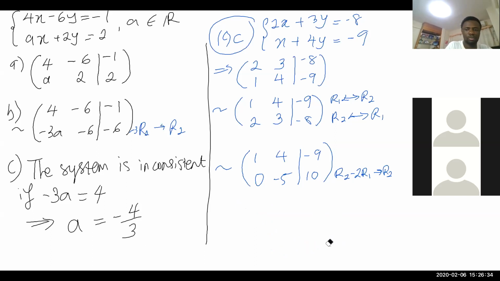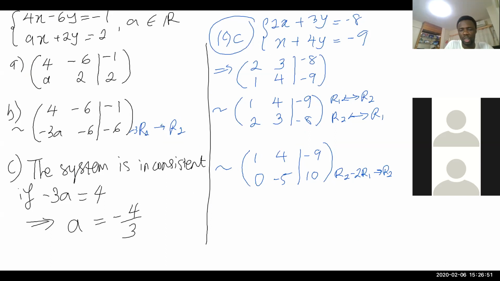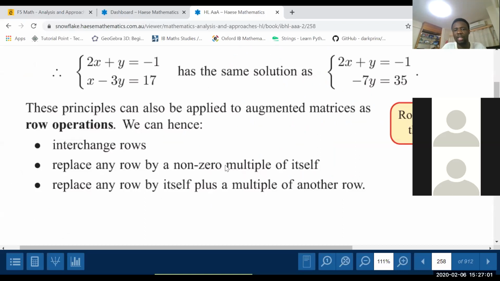Now, if we want to make it these forms, remember the 3 forms that we talked about earlier. Now it's looking like this, right? So what else can we do? According to the instruction I showed you, you can replace any row by a non-zero multiple of itself.